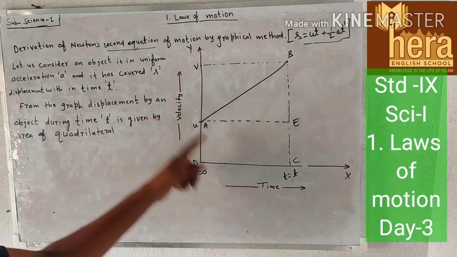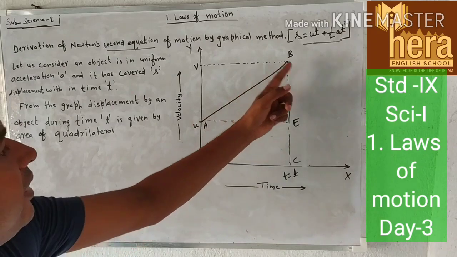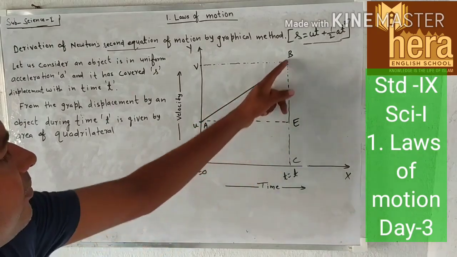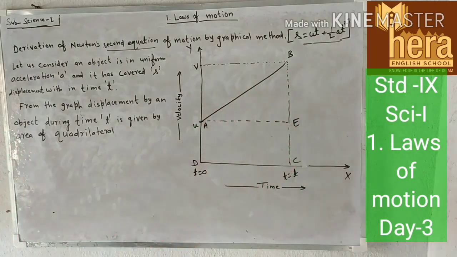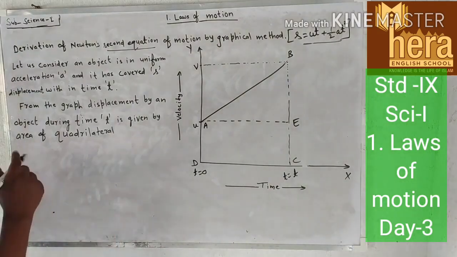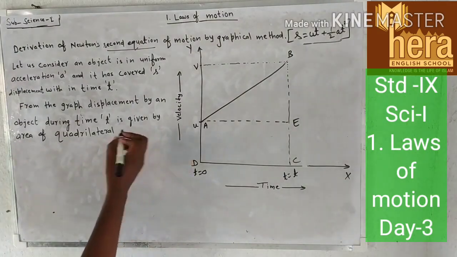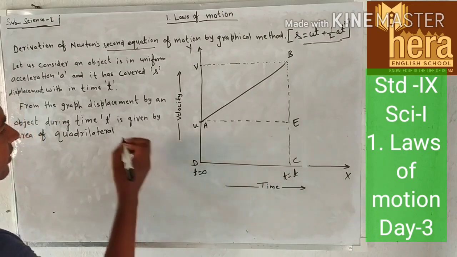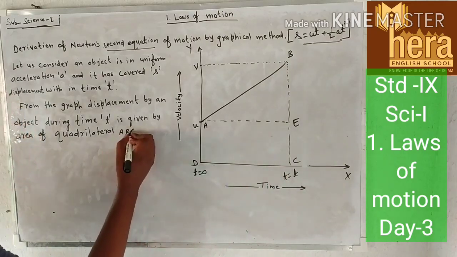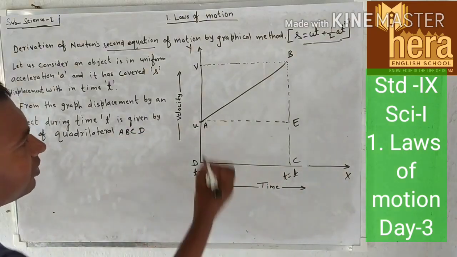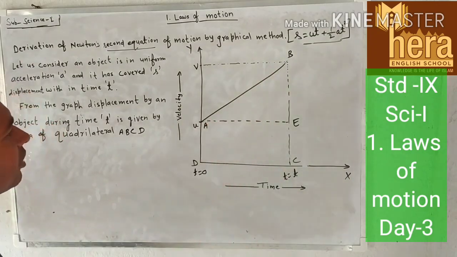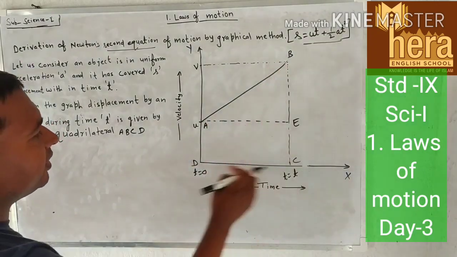Since this is a velocity-time graph, we will find the area of quadrilateral ABCD.